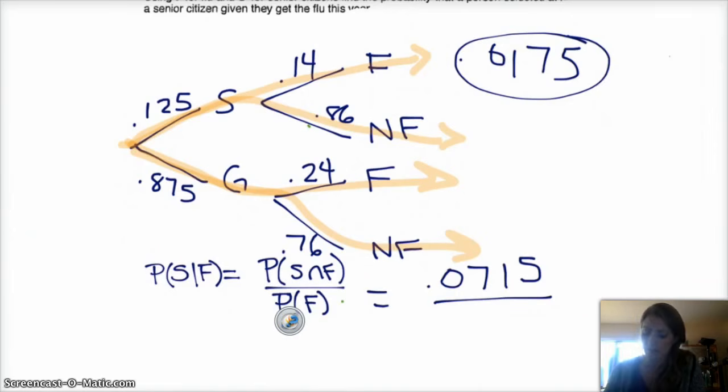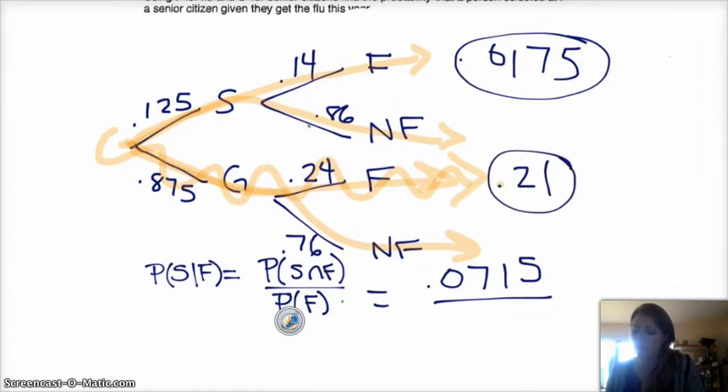So I want to go down the third path, the one that I'm redrawing over at this point. So 0.875 times 0.24, which is 0.21. So out of the entire population, general public and seniors, the probability of getting the flu is 0.21 plus 0.0175. That's our denominator.